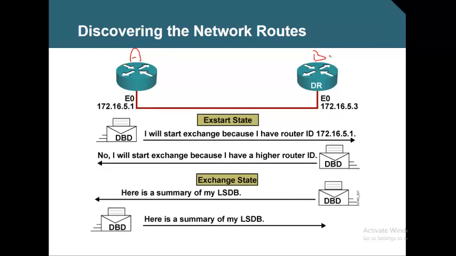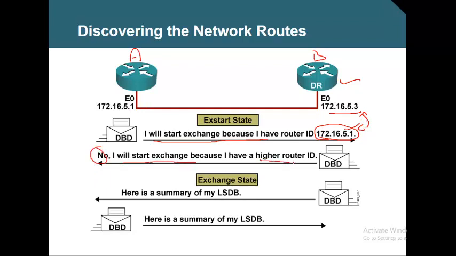For example, here you see this guy A is saying, I'll start the exchange. I have this as the router ID. Router A says, hey, this is my router ID. I'm going to exchange. Now router B compares its own router ID with this router ID and says, hey, no. I will start the exchange. Why?